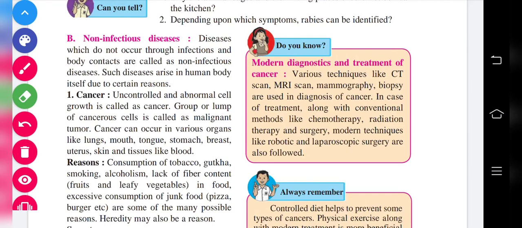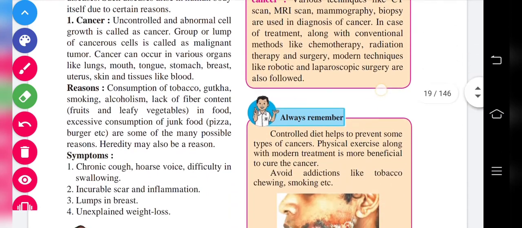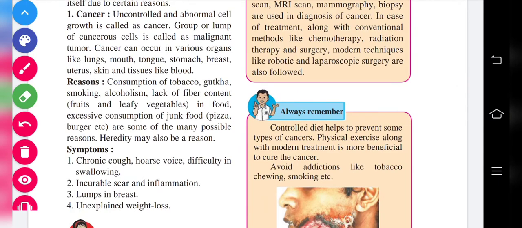That technique is used nowadays to control cancer. Always remember that a controlled diet helps to prevent some types of cancer.